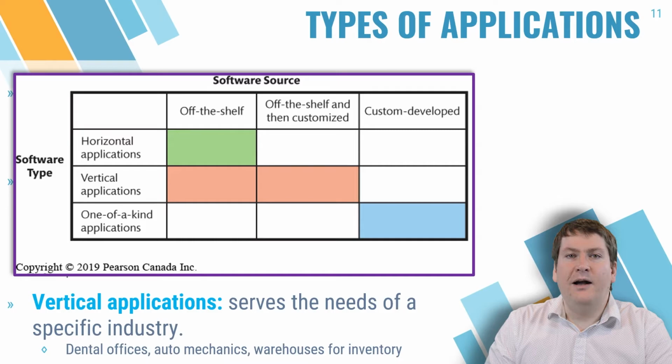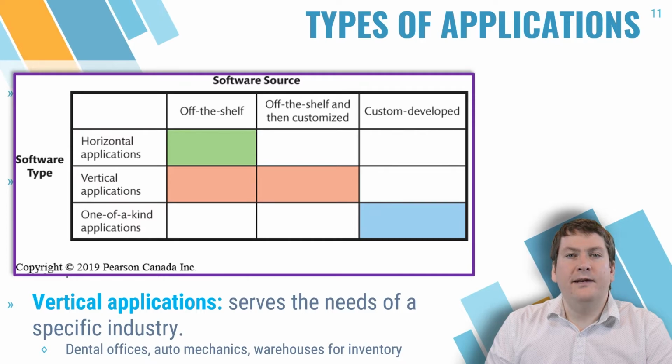Here we see a diagram from our text that I think does a good job of summarizing these software types versus where they come from. We can see that horizontal applications tend to be off the shelf, either open or closed source software obtained from a third-party vendor, which works right out of the box without any kind of customization necessarily needed for us.